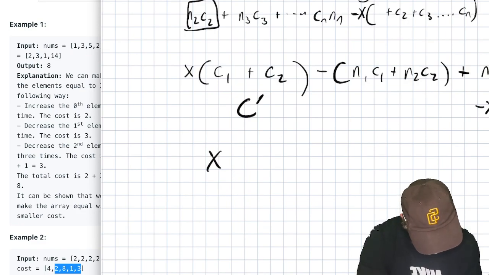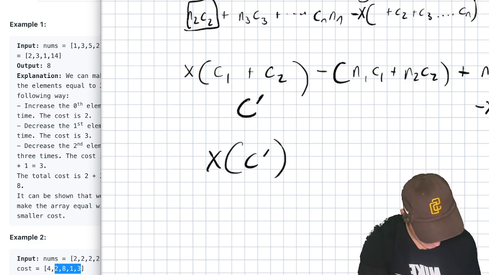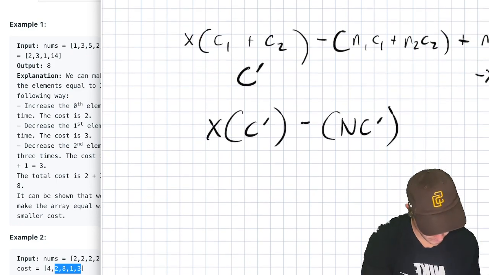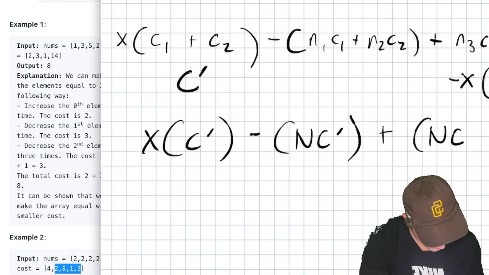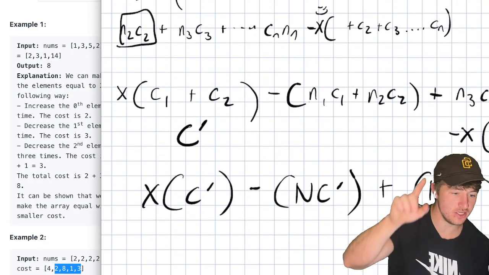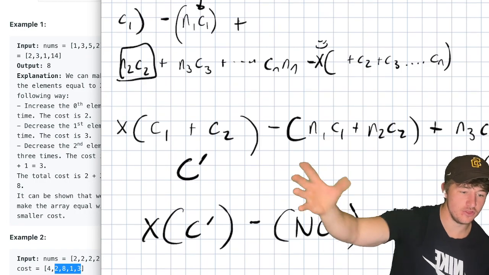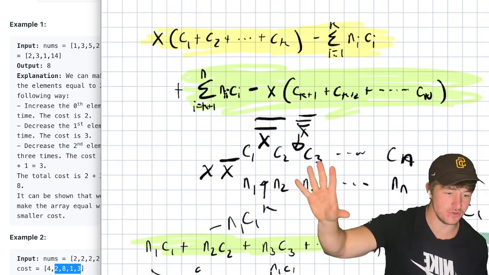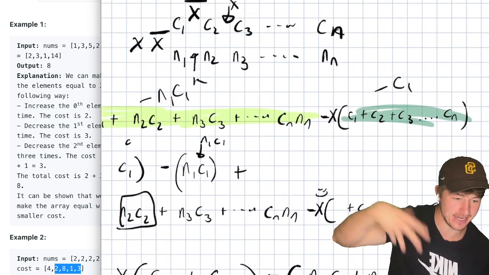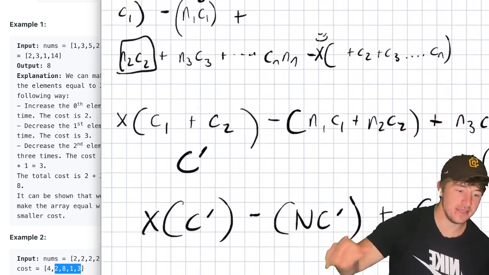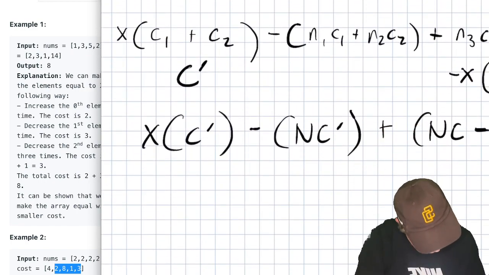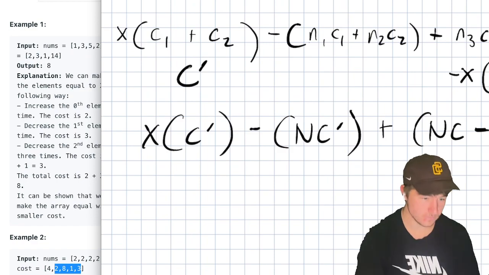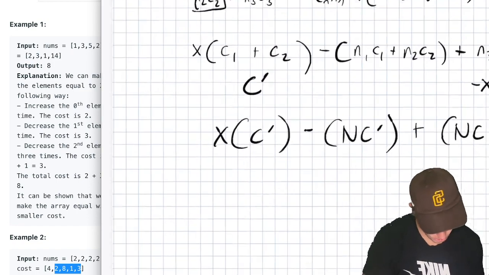So I do X big C prime minus NC prime, okay? And then I add in all of NC, right? Because what you end up doing is you add in all of NC minus the things that you've already taken out. I hopefully you guys can review this again and derive these formulas because now it's going to be really complicated and I'm confusing you as I'm saying it. But basically, it's the same thing as before, but you just subtract out the previous thing that you did. So NC minus NC prime. All right.